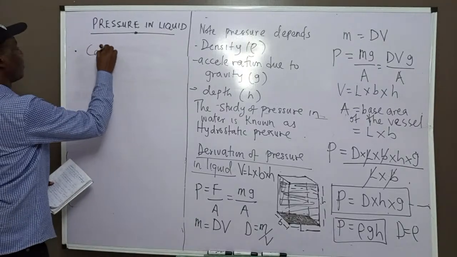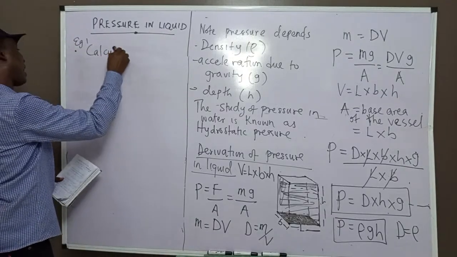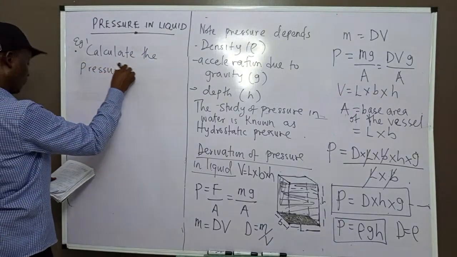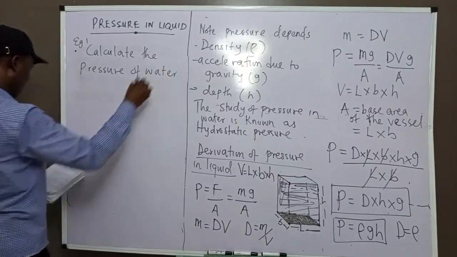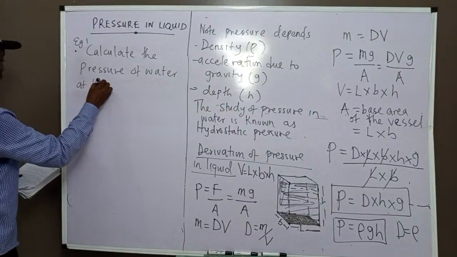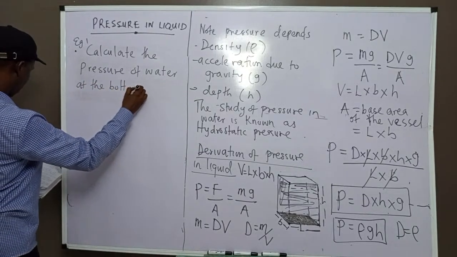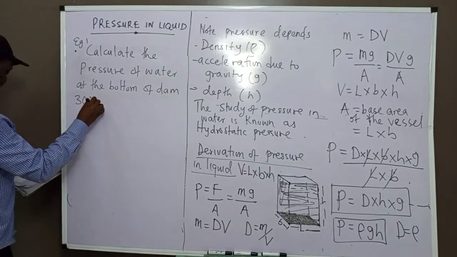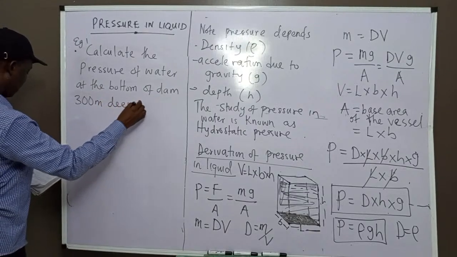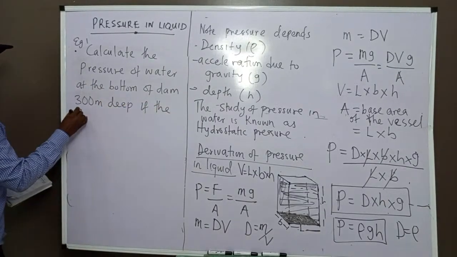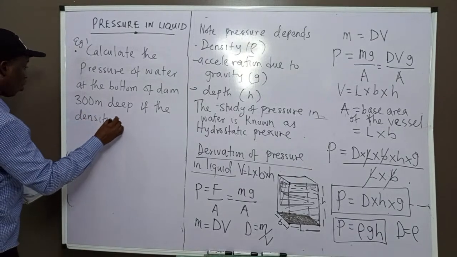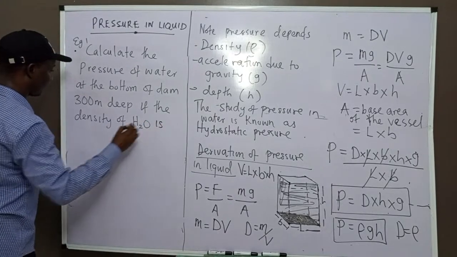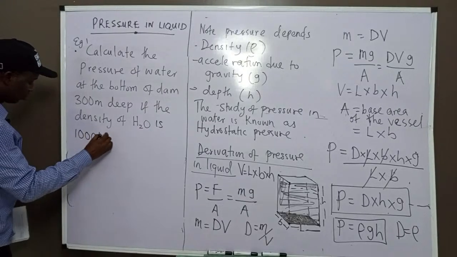Example 1: Calculate the pressure of water at the bottom of a dam 300 meters deep, if the density of water is 1000 kilogram per meter cube.